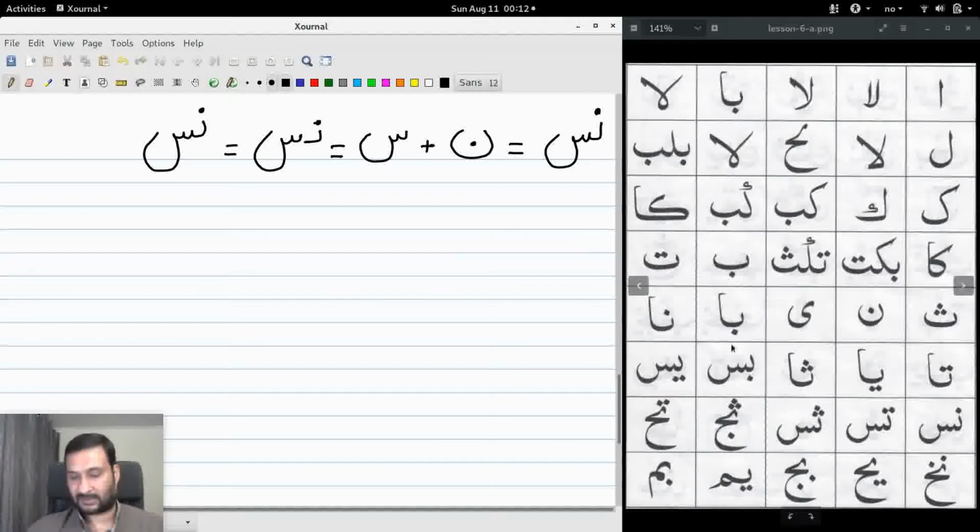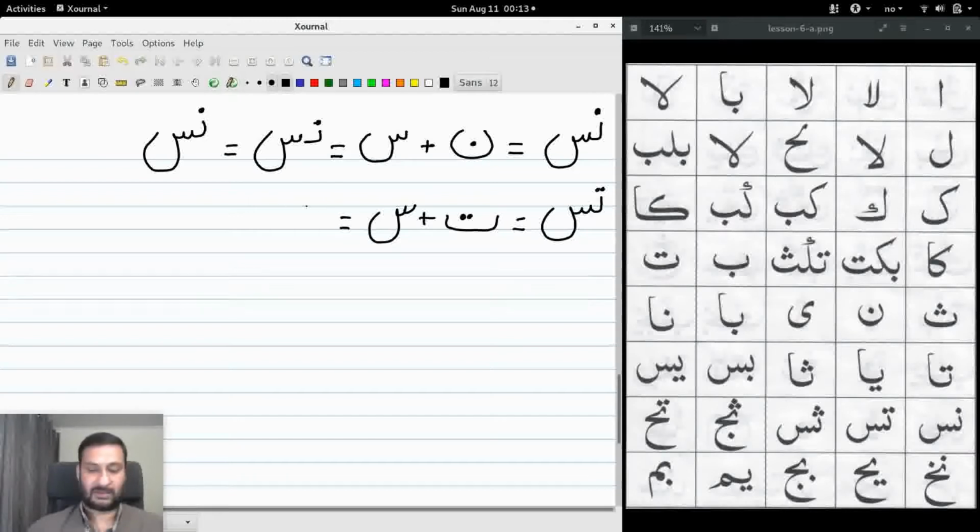Now comes ta sin, which is this one. So I'll write ta sin first the way it's written. Ta sin, and of course it's made up of the letters ta and sin.